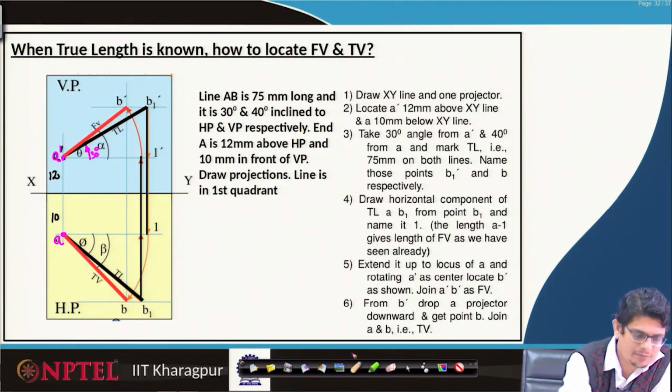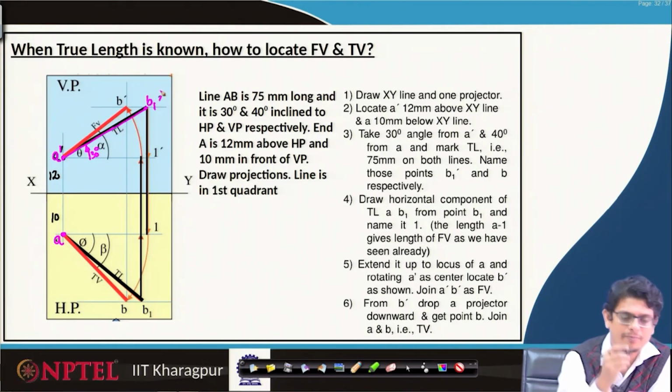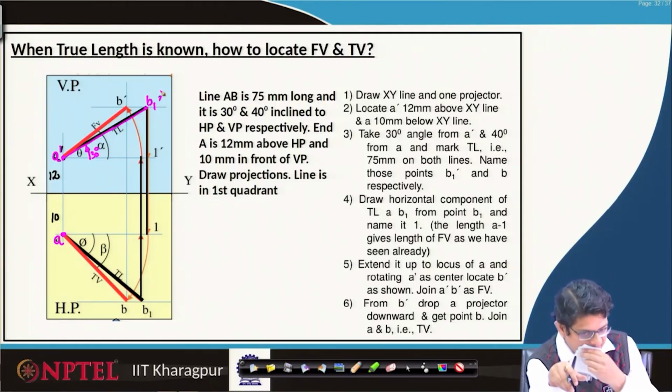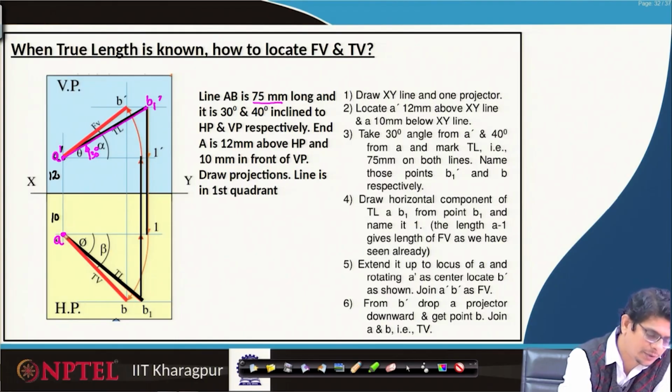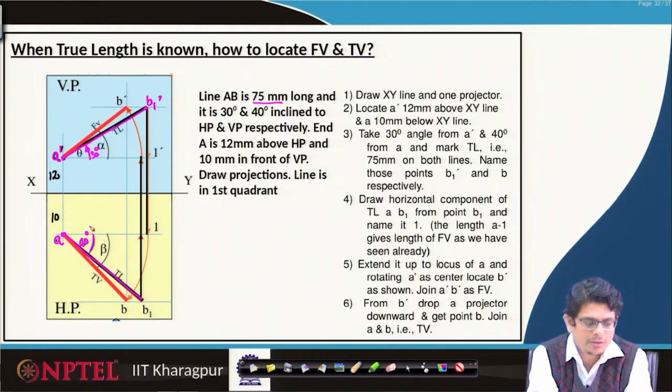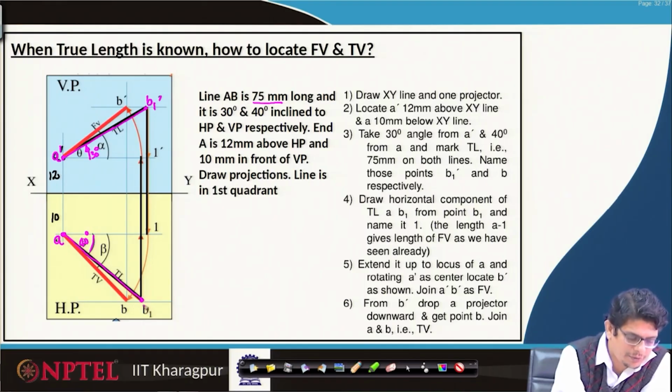So, the 75 mm, a line we will draw at 30-degree angle and it stops, call that one B1 prime. Similarly, pick 40-degree angle and locate this 75 mm length. So, from A, draw 75 mm with an angle of 40 degrees. Both the lines we know. So, point we will locate B1 and B1 prime.